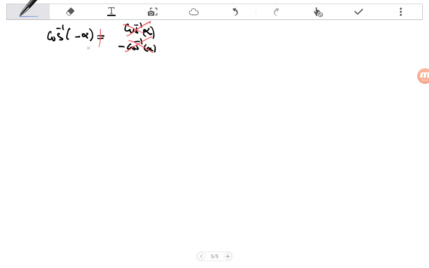But what is the relation between this angle, cosine inverse of negative alpha, and this other angle? We need to know the relation between these two, and we will deduce a rule that relates both of these two angles. So let's depict these two angles on the unit circle.